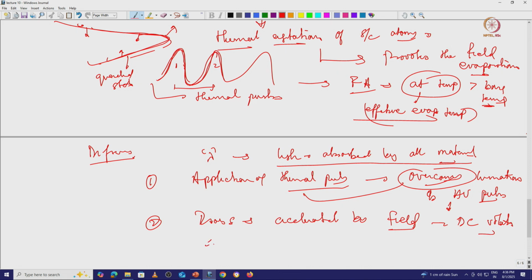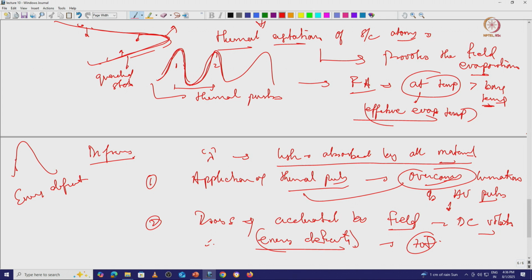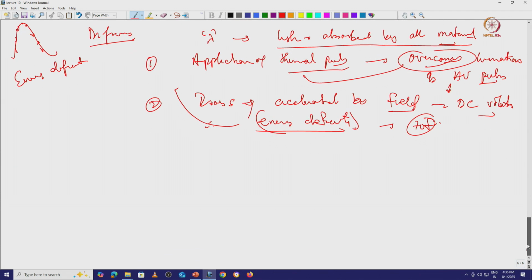So therefore in this particular thermal pulse or laser pulsing, we don't see the energy deficit in the time of flight distribution, as in HV pulse we see the energy deficit, that is, evaporation of the atom, that is polarization of the atom at the tip surface at different locations of the HV pulse, okay, not necessarily at the high voltage, correct. So this energy deficit is not seen in the thermal pulsing.